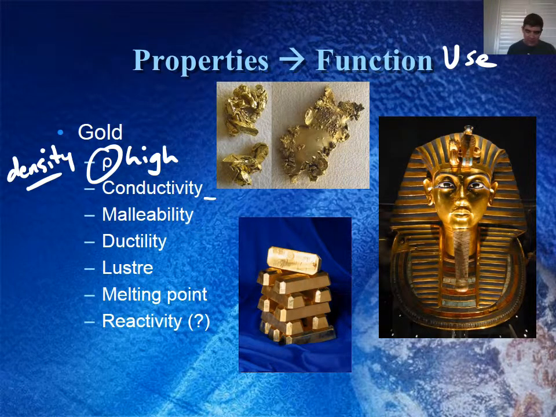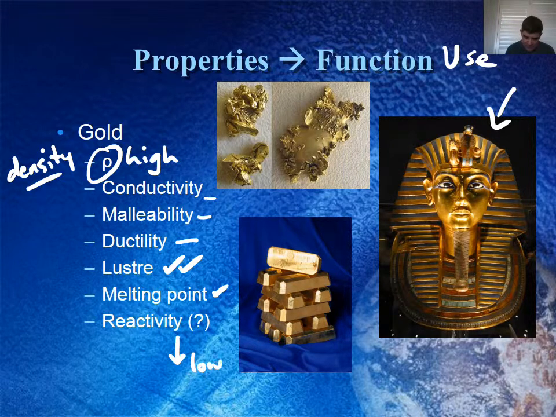Gold has high conductivity, it has high malleability, and it's able to be shaped into all sorts of different shapes, as you can see with the ferros. It's able to be drawn into a wire. It's extremely lustrous, a very, very shiny metal. It has a high melting point, but not as high as some of the other metals. But it's actually got quite low reactivity.